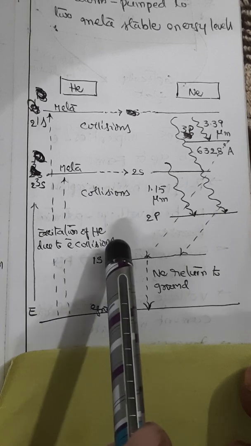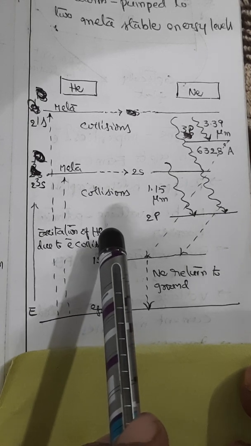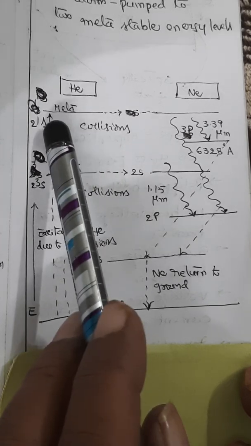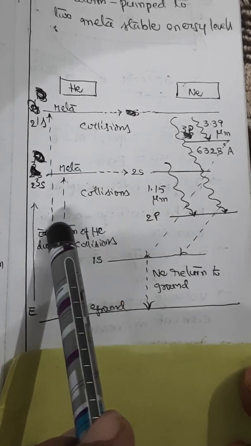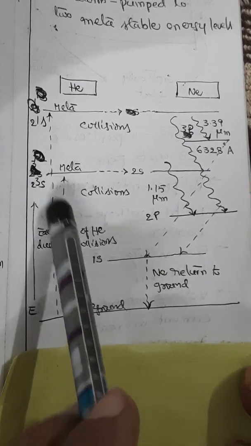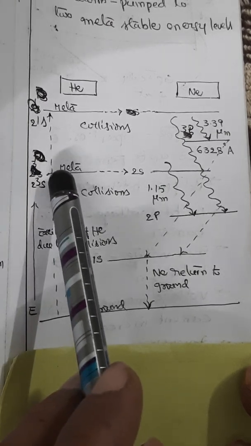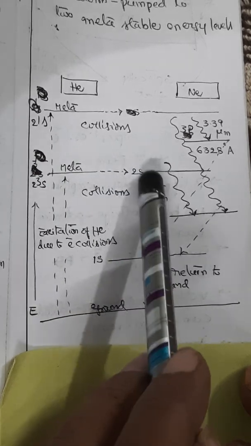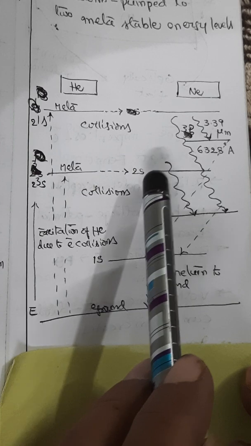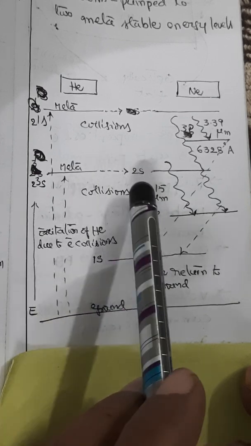That means during collision, resonance transfer of energy from helium to neon takes place because the 21s and 23s energy levels of helium atoms are very close to the 3s and 2s energy levels of neon. Thus, the population inversion in neon atoms takes place.